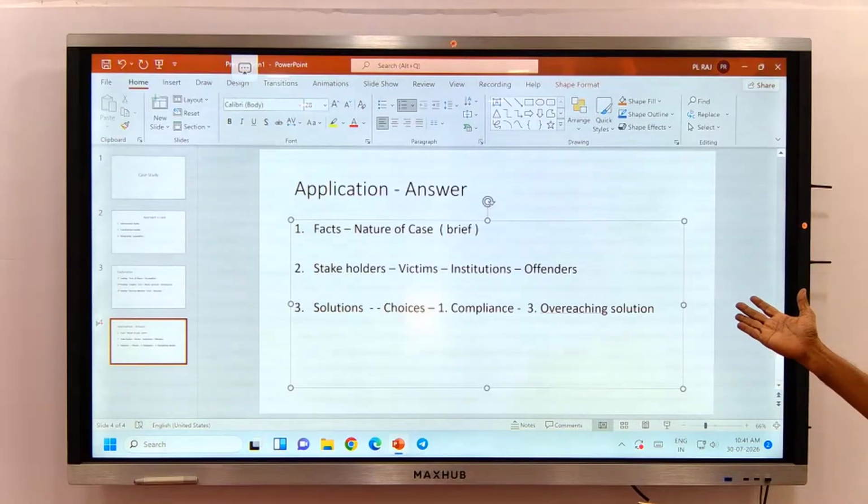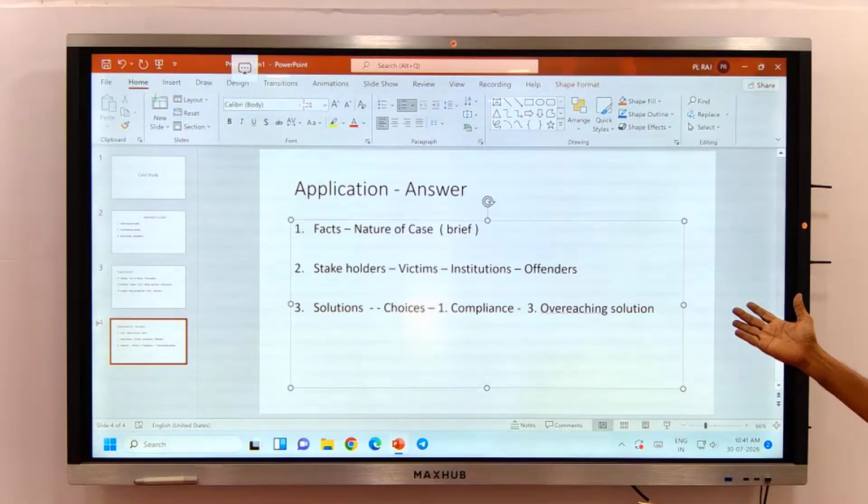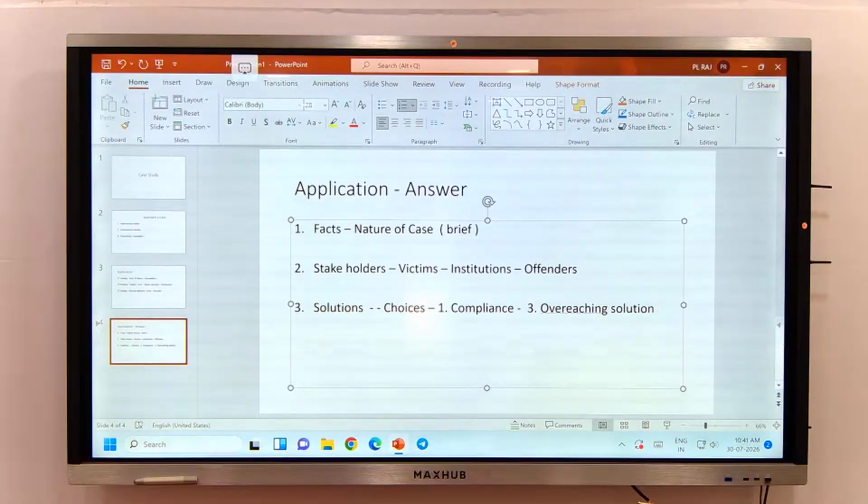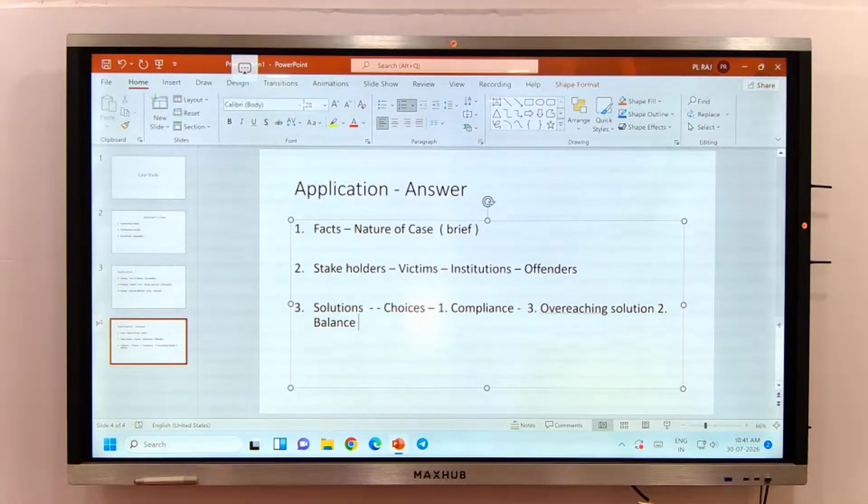Any cases of testing the emotional intelligence should have an overreaching arm. And in between them is the balance. The three choices, in between them are the balance of the three choices. That is a framework of your answer.